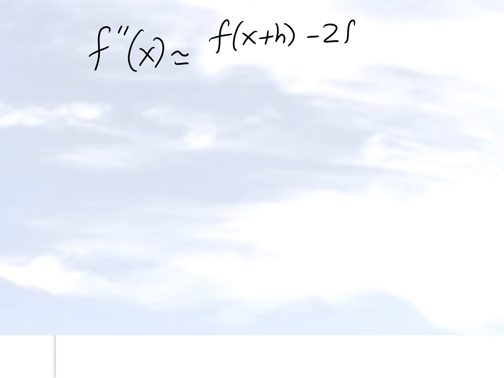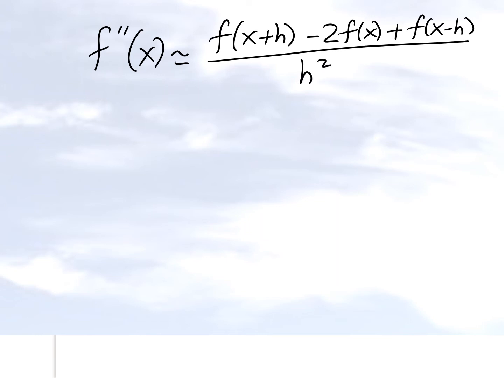So the formula for the second derivative of the function is approximately given as this quantity if we use the central divided difference scheme. So based on what we were asked, x is 2, the step size is 0.64. So let's go ahead and substitute these values and see what happens.